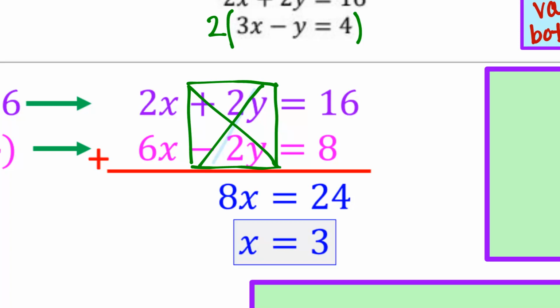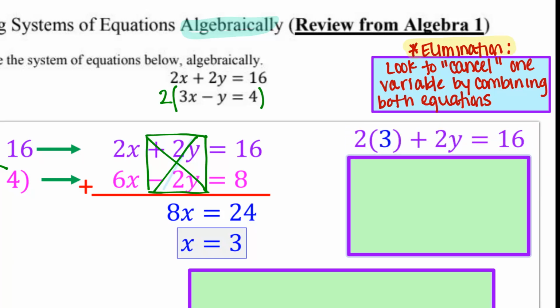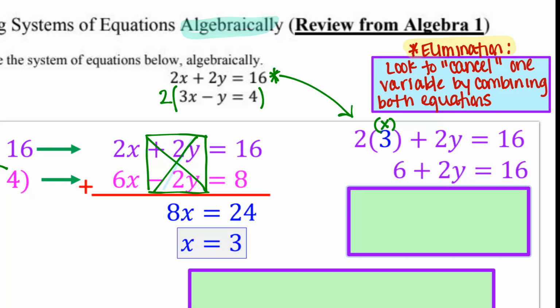In order to get our y value, so once I know x, I can substitute x for one of these x's or one of the original x's and solve for y, okay? If we substitute the 3, I substituted it into the first one here, okay? This is my x, and we substituted in 3. We're going to solve from here. 2 times 3 gives us 6, plus 2y equals 16.